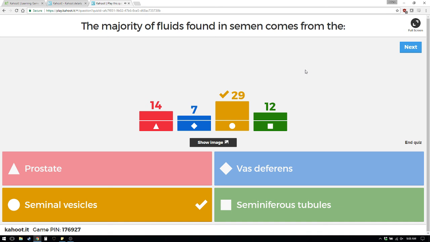Where's the sperm actually produced? Yeah, they actually get produced in the seminiferous tubules, and then they get stored where? Yeah, the epididymis, yep. And then what's the vas deferens help us with?